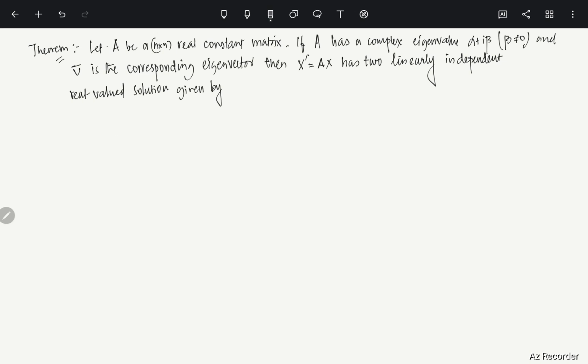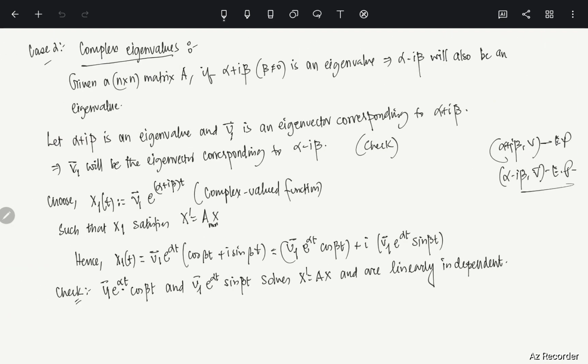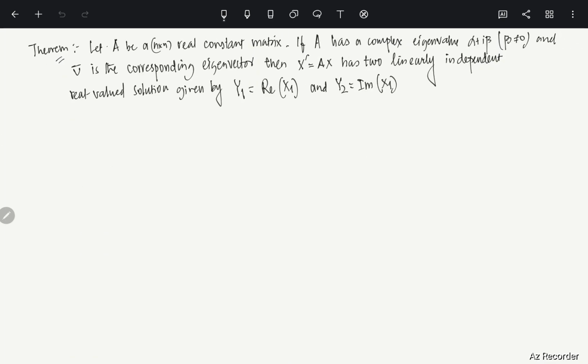The first one, let's just call it y1, which is the real part of x1, and also y2, which is nothing but the imaginary part of x1. Clear? Real part of x1 and imaginary part of x1, which is basically this and this. Individually they are two linearly independent solutions, right? So this is one of the ways we can work out this problem.